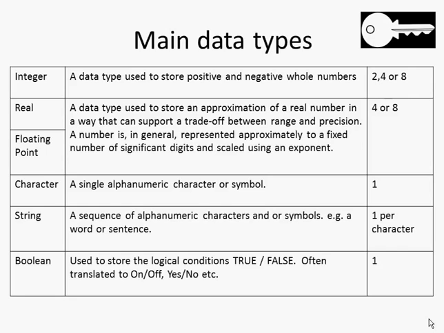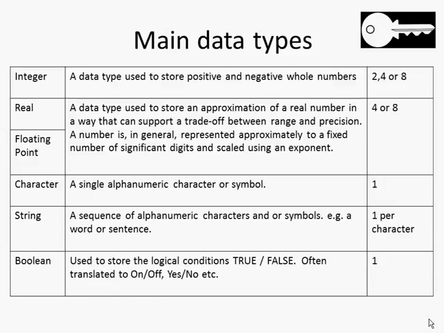What is also worth knowing is the amount of space in bytes that each data type requires. As programmers, we want to make our programs as efficient as possible and to use as little memory as possible, so it's always worth knowing which data types take up the least space, the most space, and the ones in the middle, so we can make efficient programs. And that's why we don't always just use string.